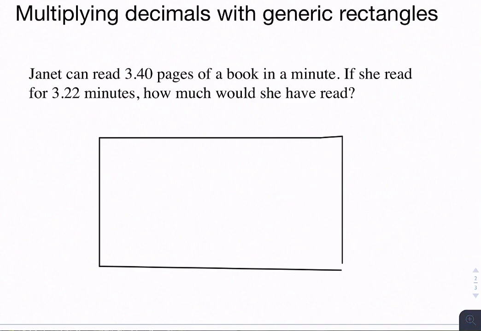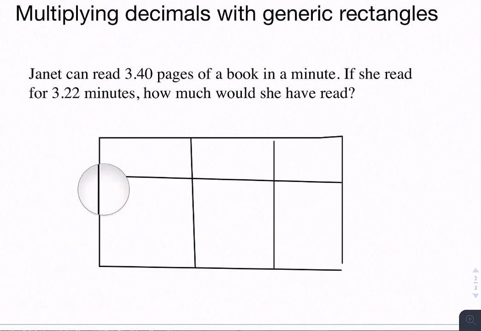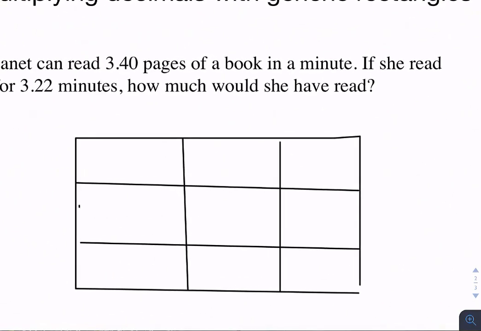So we're going to change each part of these into fractions because we're really good at multiplying fractions at this point. We're going to start with 3.40. We have 3 wholes, which we can write as 3 or 3/1.